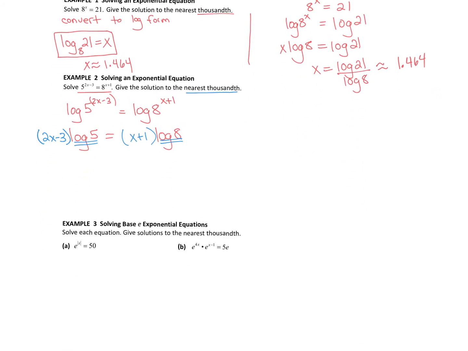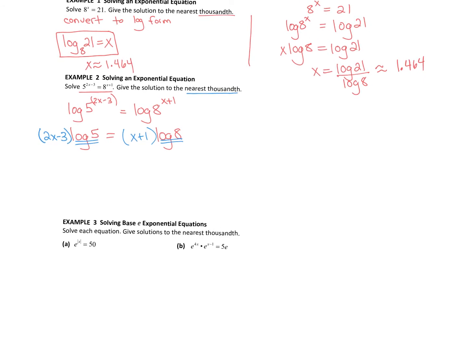It's going to look like this. Two x log 5 minus 3 log 5 equals x log 8 plus log 8.